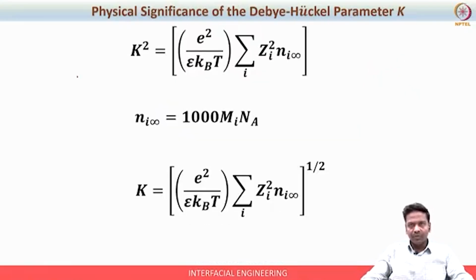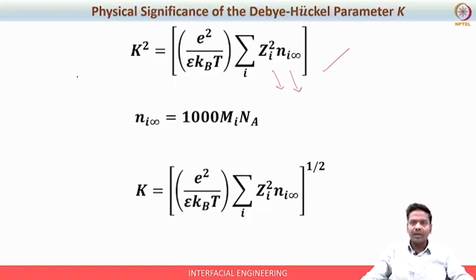So now we can look at the physical significance of the Debye-Huckel parameter. Okay, as you can see, the Debye-Huckel parameter, which is k square, is defined in this way. Here the variables are the valence, that is Zi square, and the Ni infinity, which is the bulk concentration.